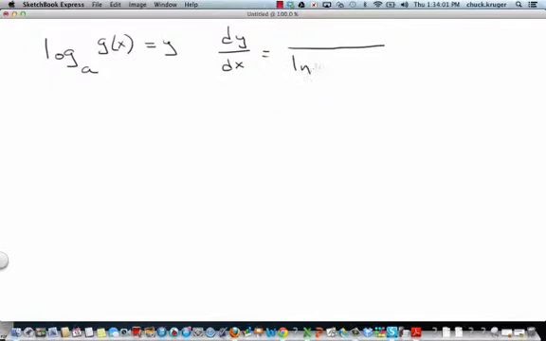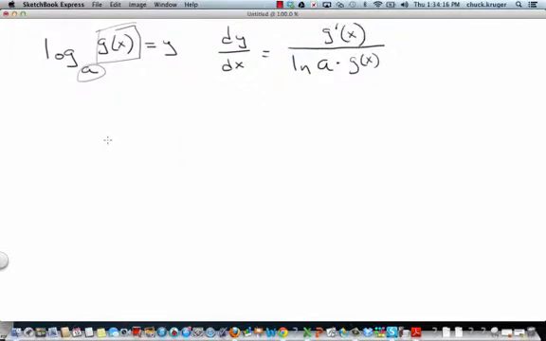Down here is going to be the natural log of a, which is this base, times g of x, which is this function, times its derivative, g prime of x.